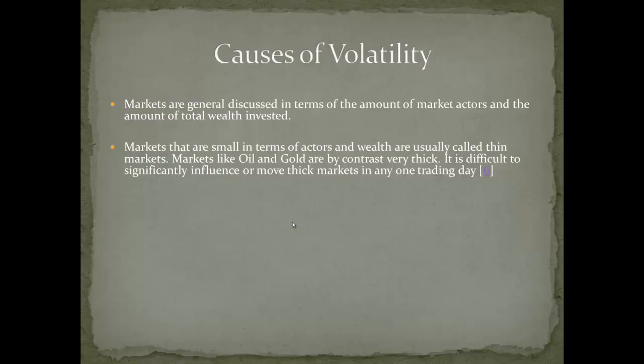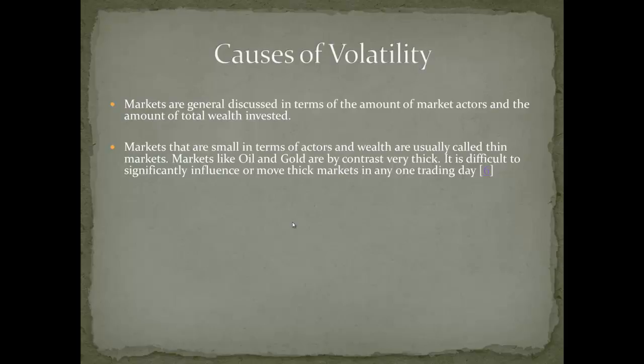That doesn't necessarily mean that thick markets are not volatile. Oil, for example, before the financial crisis, traded at an all-time high for West Texas Intermediate at $140 per barrel, give or take, and it crashed to nearly $40 per barrel within just a few month period. So it lost $100 per barrel value. It's significant.